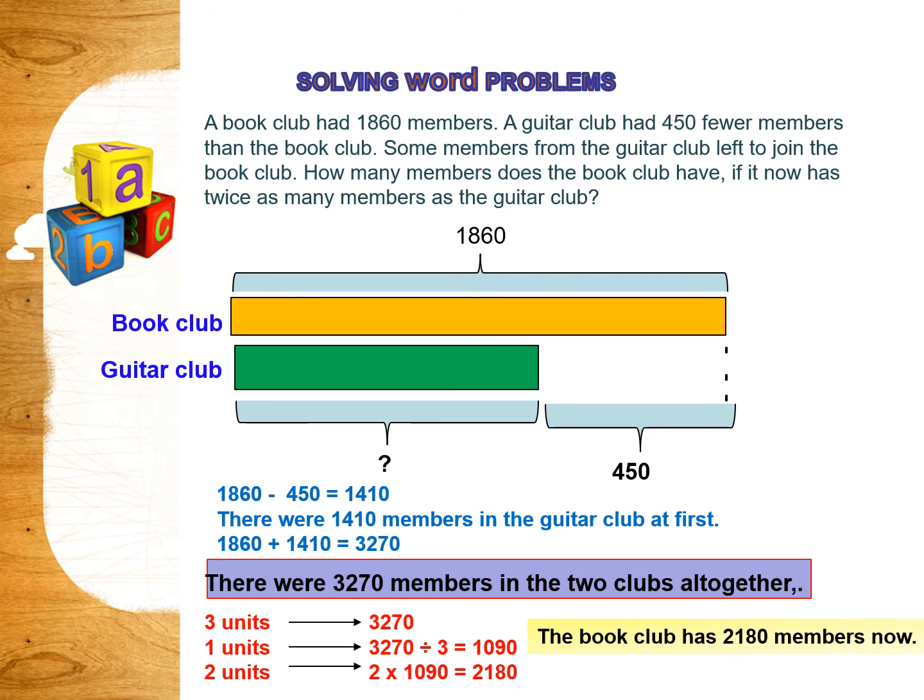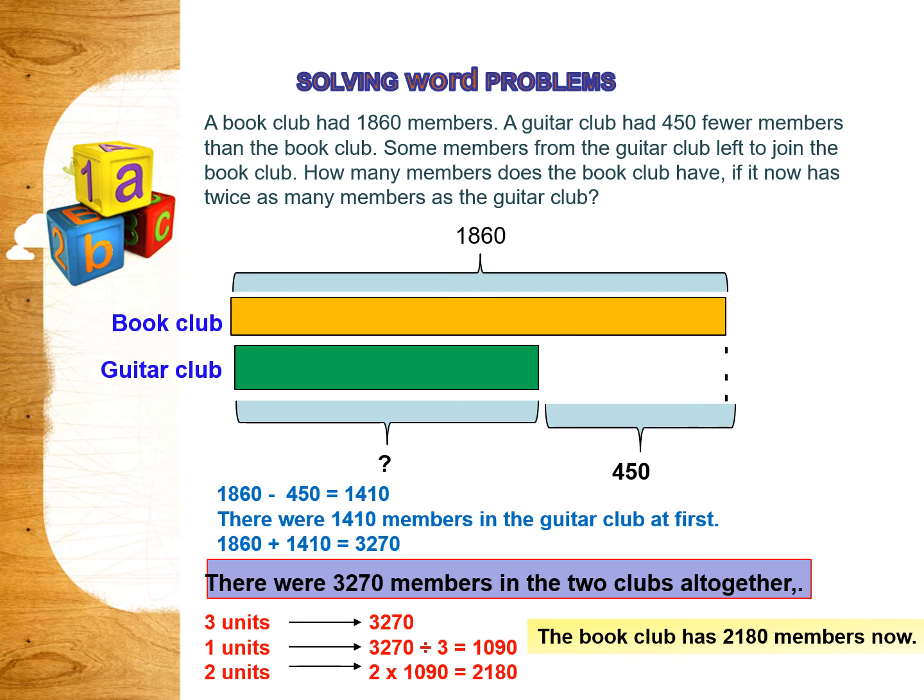Then we find the total number of members in both clubs. So first 1860 subtract 450. So we can get 1410 members in the guitar club at first.